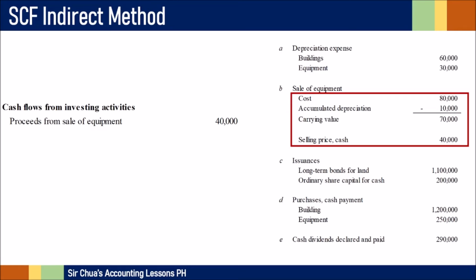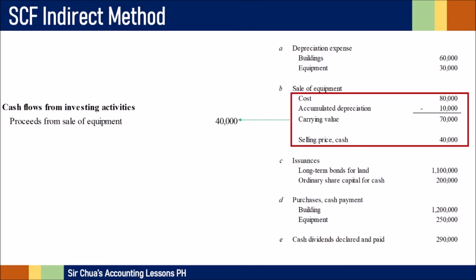Operating section, it sounds like we're a hospital. Okay, so we already adjusted the loss a while ago in your operating activity section. So now here in your investing activity section we have a selling price of 40,000 for the equipment that you sold. So that is a cash inflow from investing activities, which is the proceeds from the sale of your equipment, which is 40,000.